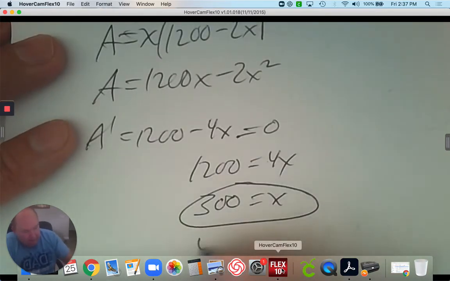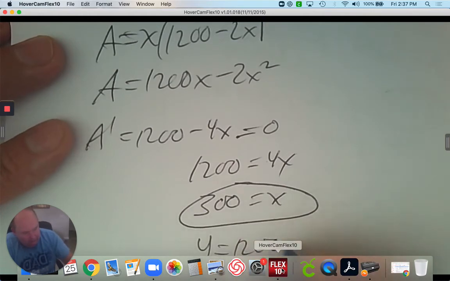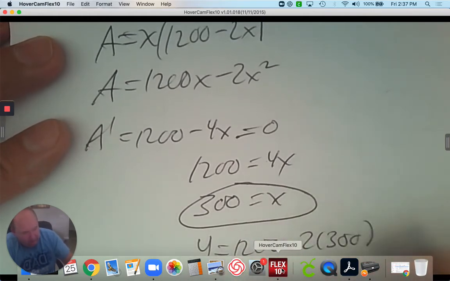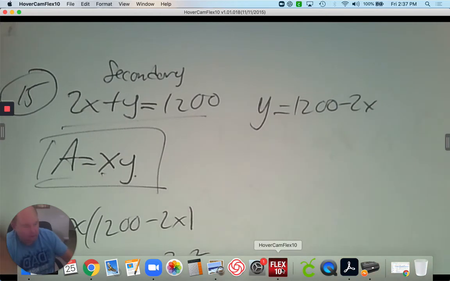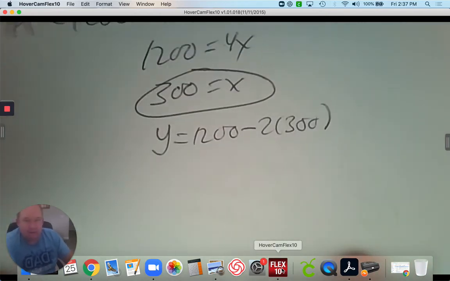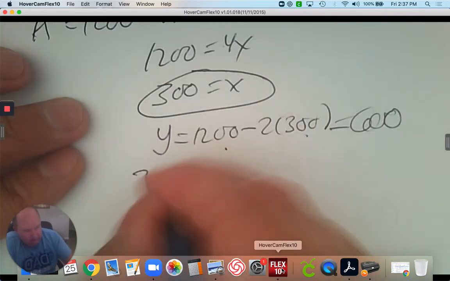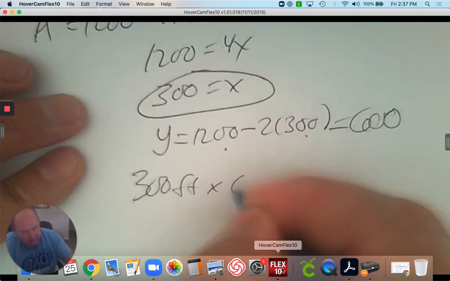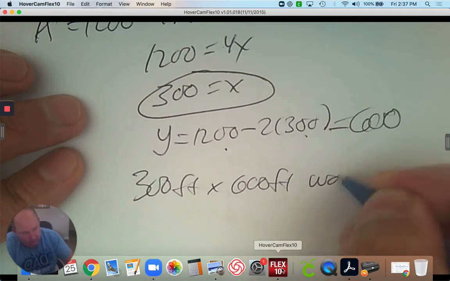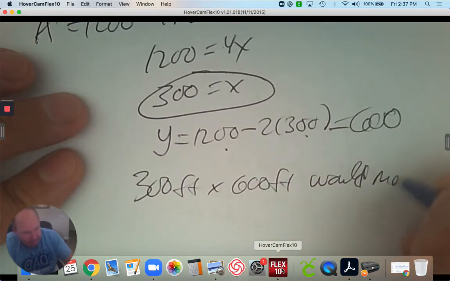And if x is 300, y is 1,200 minus 2 times 300. So from this, plug in 300 for x, and it's 1,200, take away 600, that's 600. So it would be 300 yards by 600 yards would maximize the area.